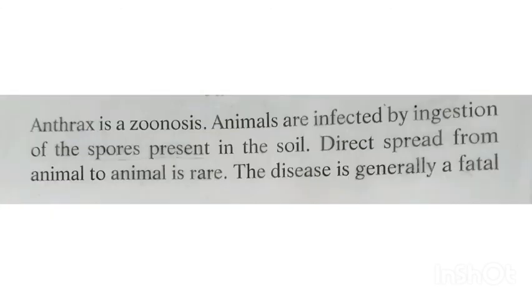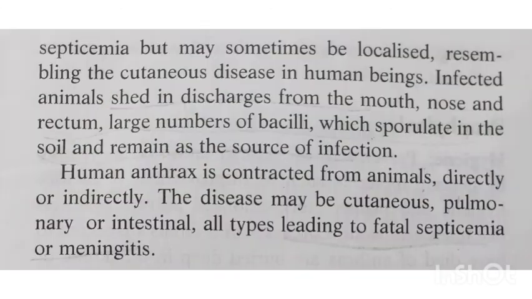So we can say that anthrax is a zoonosis and a natural infection of animals. This infection is transmitted from animal to animal indirectly, but direct transmission from animal to animal is rare. The infection is also transmitted from animal to humans directly as well as indirectly.